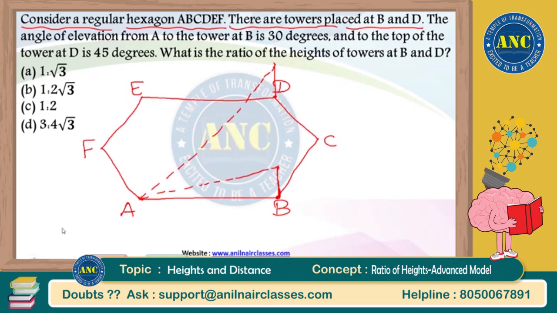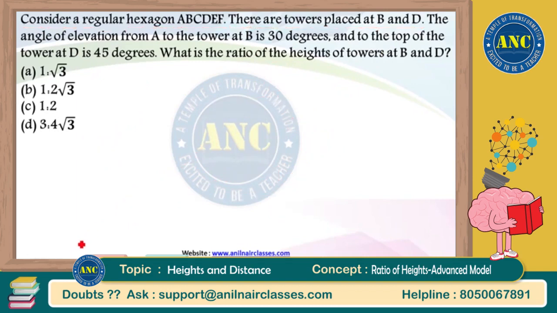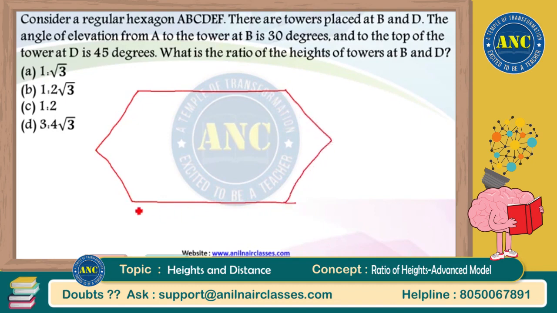Now see here, sir. Let us solve this question, drawing the diagram once again. This is the regular hexagon A, B, C, D, E, F. Let me explain it in the way you understand it very beautifully. This is what they are saying, sir.